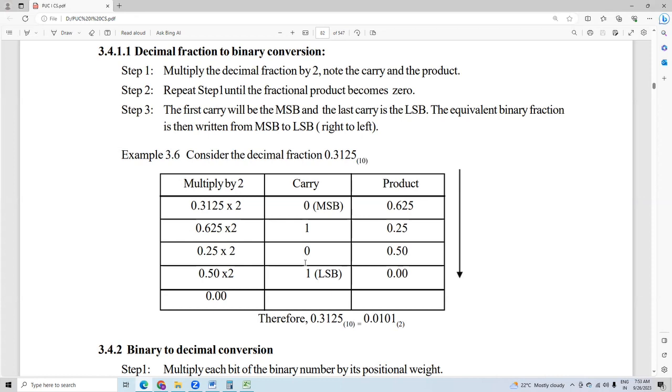Whereas in a purely whole decimal number, without a fraction, the last remainder we get is considered as MSB, and the first remainder we got is the LSB. That means it is the last digit. This point you have to understand clearly.